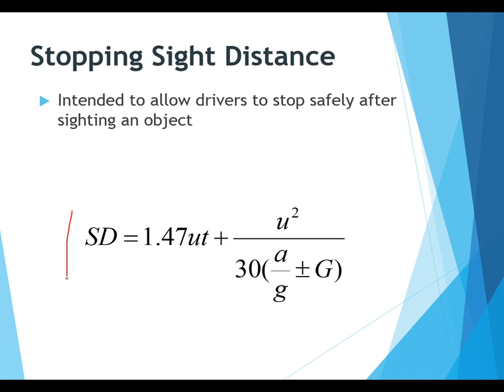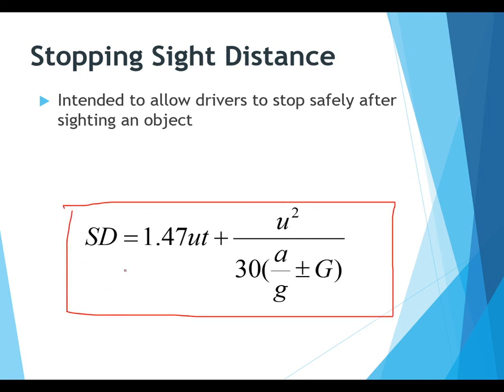Based on the equations we did today, we can now calculate the stopping sight distance, which is the reaction distance, dr, equal to 1.47 times your speed times tr, the reaction time. Then comes the second part, the braking distance, dB.